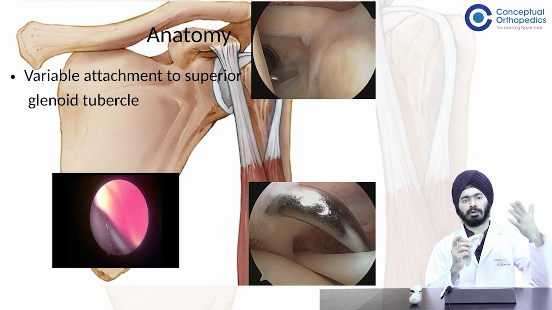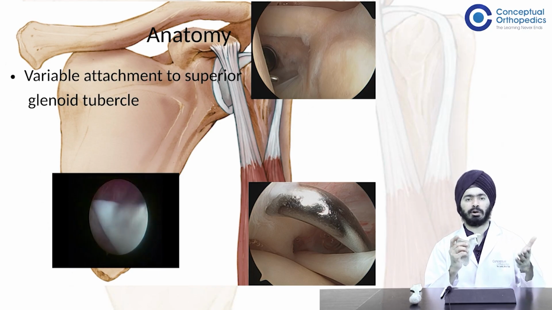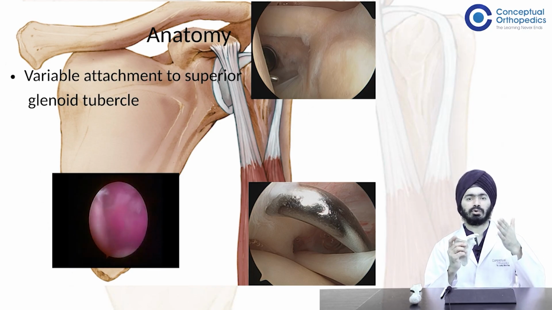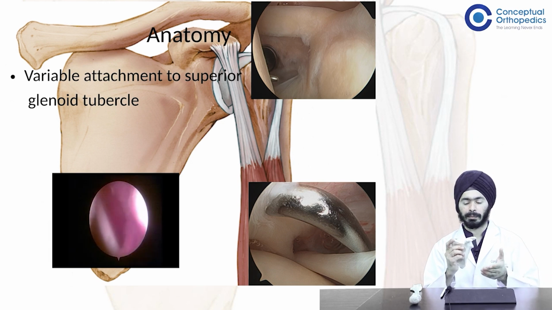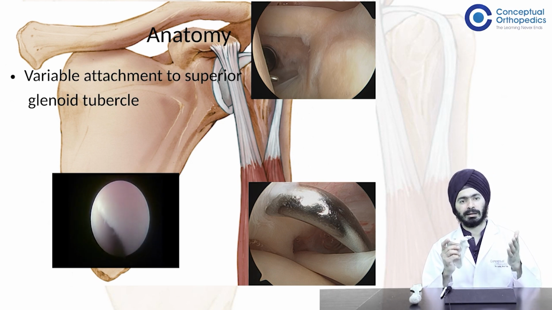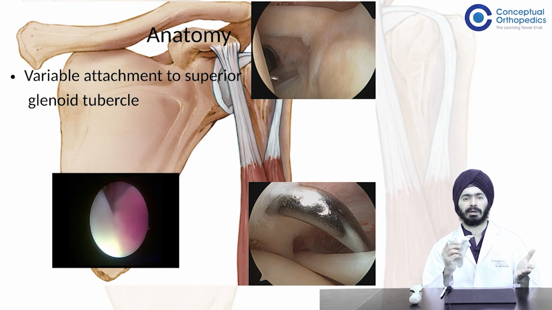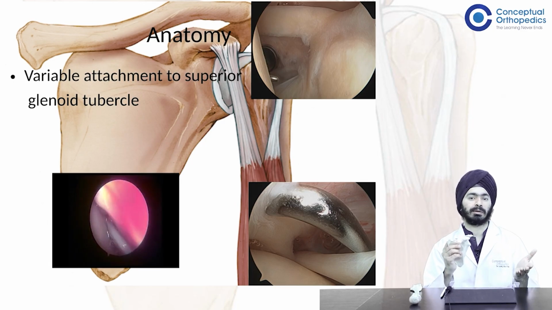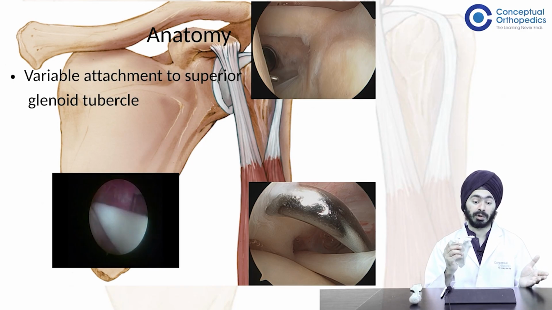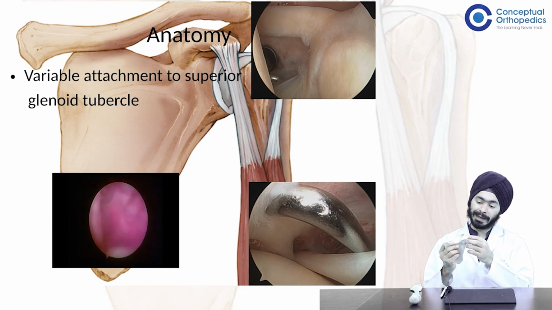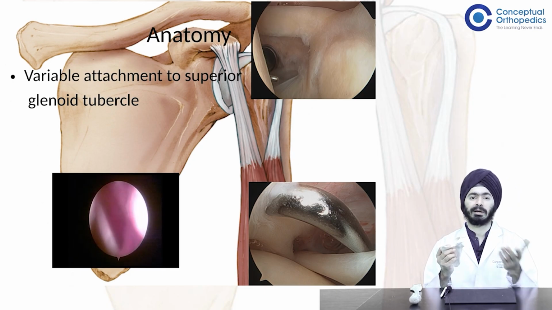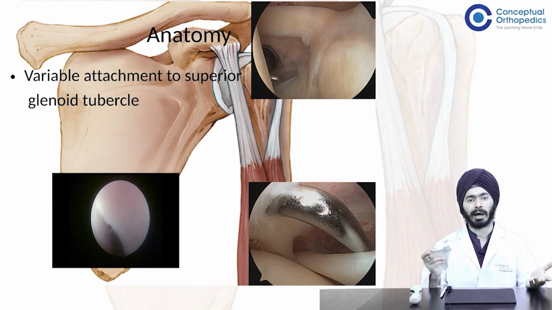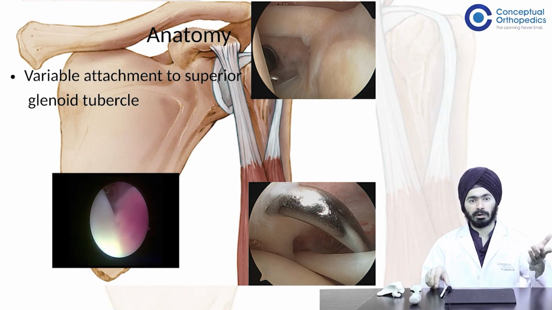So it is attaching to the bone, the superior glenoid tubercle, through the superior labrum. But this attachment through the superior labrum has a very variable anatomy, so it's different in different individuals. It can have a meniscoid-like attachment to the glenoid tubercle.